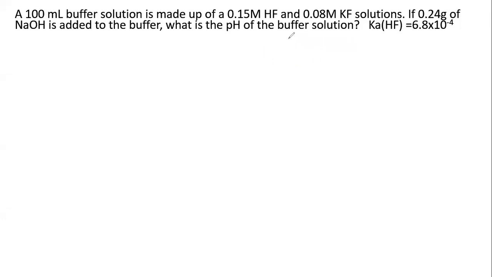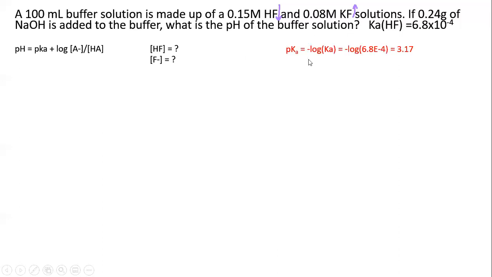So now with that in mind, since we're adding a strong base to the buffer, the concentration of F minus should go up. The concentration of HF should go down. So again, we're going to be using the Henderson-Hasselbalch equation. We need to determine the concentration of HF and F minus that remains after we add the 0.24 grams of sodium hydroxide. We can find the pKa by simply the negative log of the Ka.